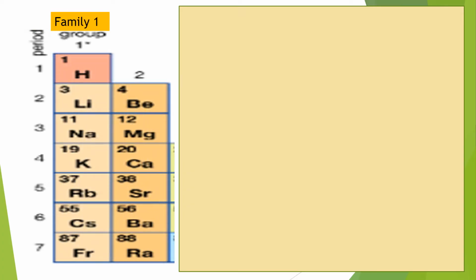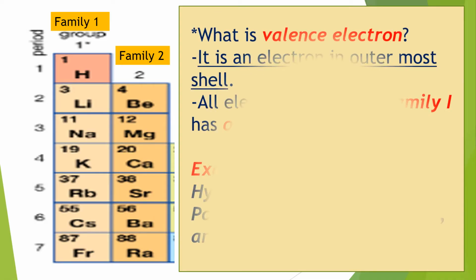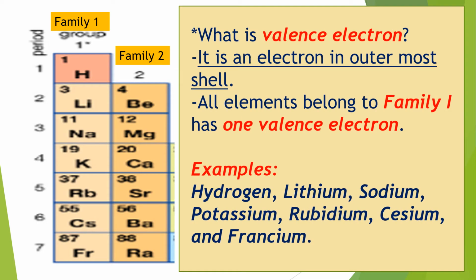Family 1. All elements belonging to family 1 have 1 valence electron. While family 2, all elements in family 2 have 2 valence electrons. What is valence electron? It is an electron in the outermost shell.